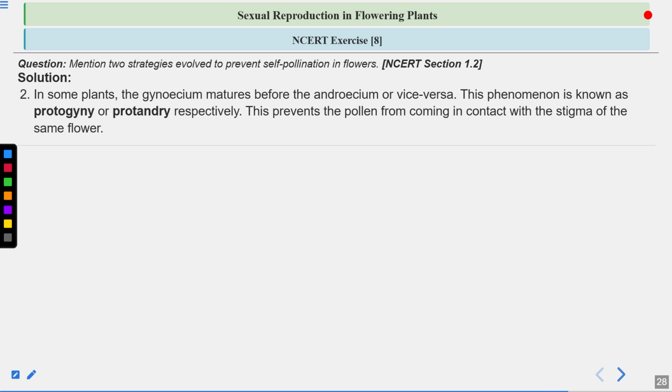Second point, you have to tell the two strategies. So one strategy was self-incompatibility. Now let us see the second strategy. In some plants, the gynoecium matures before the androecium or vice versa.